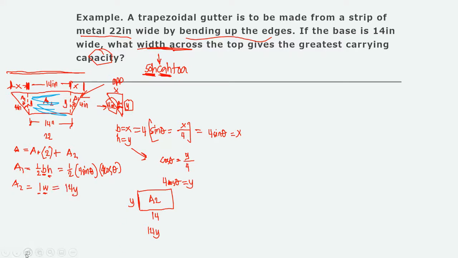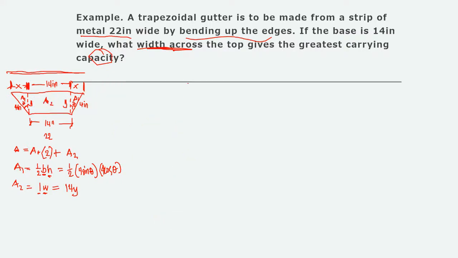Now, after we have already the values for each area, we can now substitute that to our total area. So from here, from the total area, from this equation, we have A is equivalent to 2 because we have two area 1.